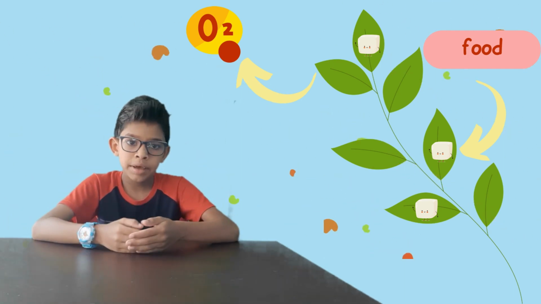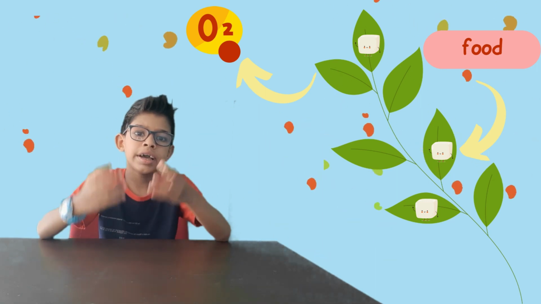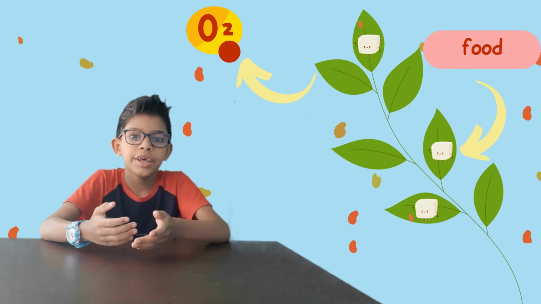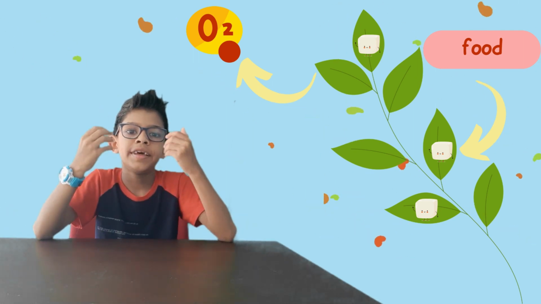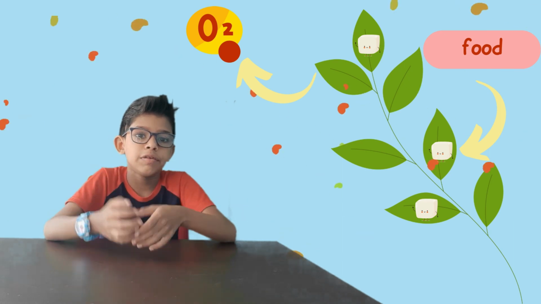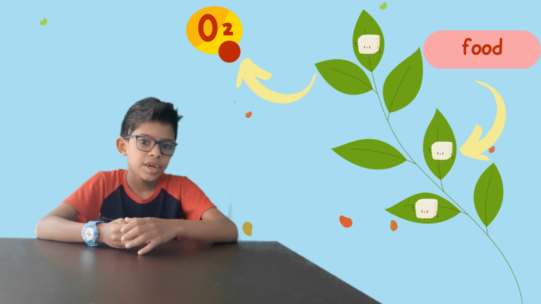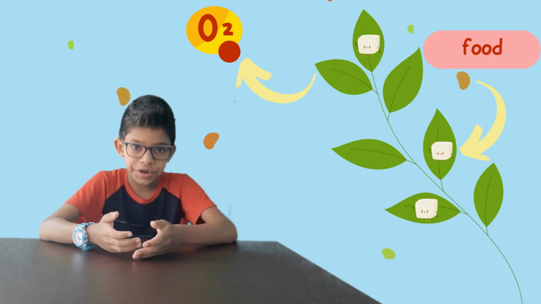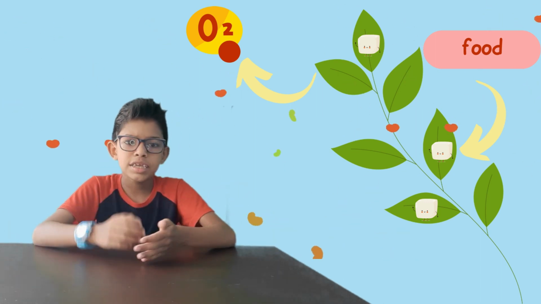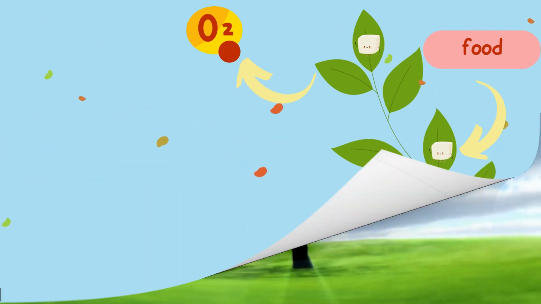Food goes up to the parts of the tree and they release a gas called oxygen, which we use to breathe. Mostly the food goes into fruits, which we eat, not meat or fish, only fruit and vegetables. This process is called photosynthesis.